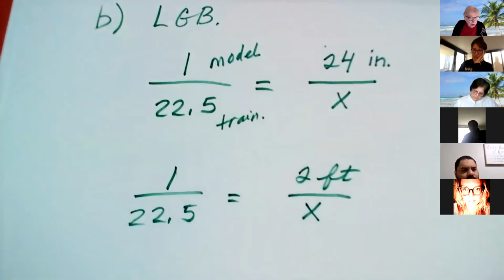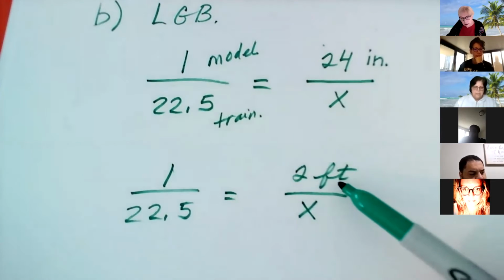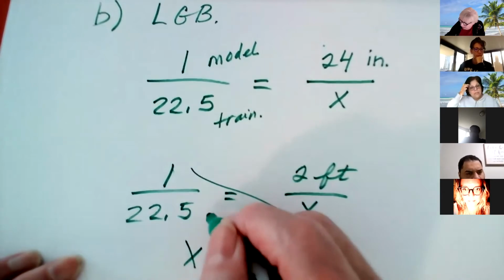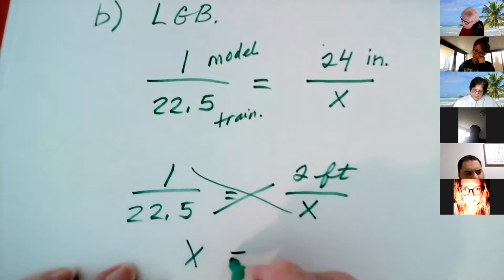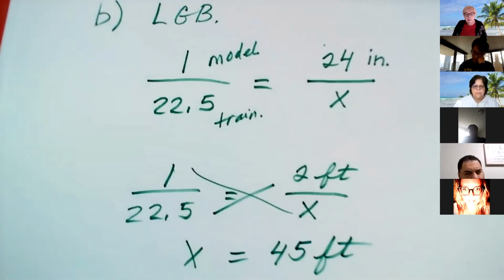Now, before changing 5 inches into feet, if I divided 5 by 12 and it was a repeating decimal, I said, forget it. But this one here, if you recognize it, that would save you a lot of work. So 1 times X is X. 22.5 doubled is 45. Done.